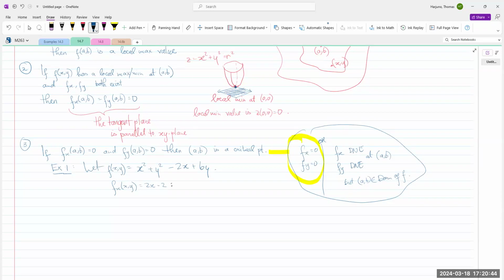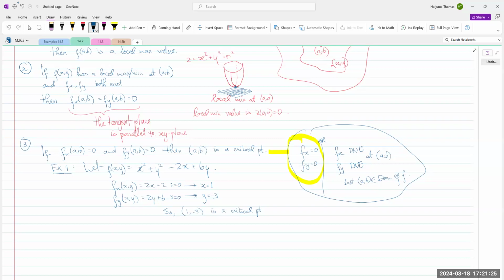Setting that equal to 0, we get x equals 1. The partial with respect to y is 2y plus 6. Setting that equal to 0, we get y equals negative 3. Consequently, (1, -3) is a critical point, right?